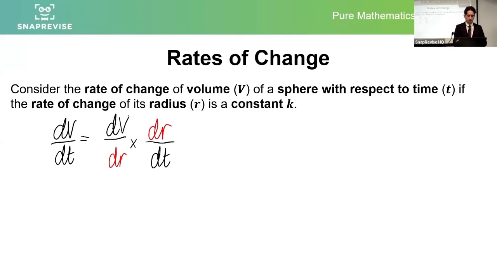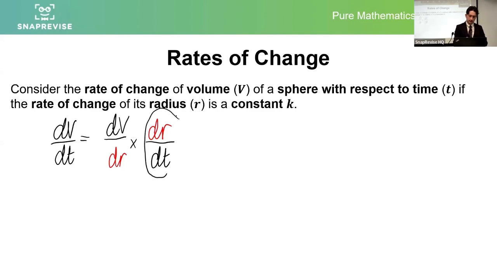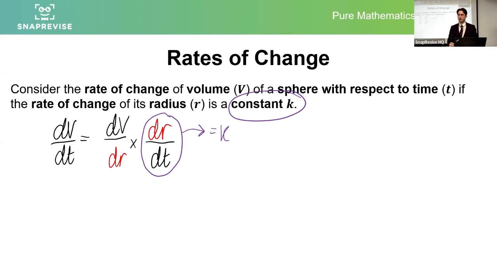Now what they've also told me is that this thing is a constant. And this is the kind of question where you almost have to know a formula to do with mensuration, volumes, area, surface area, something to do with volume and radius for a sphere.